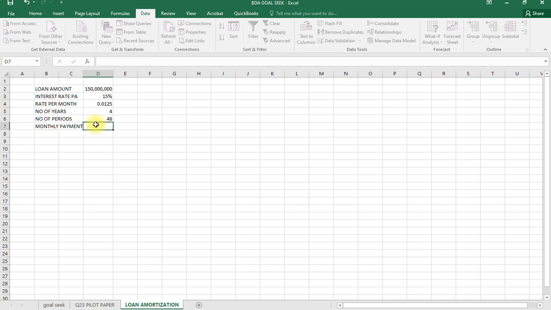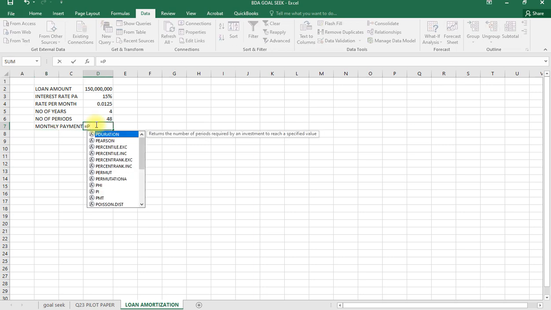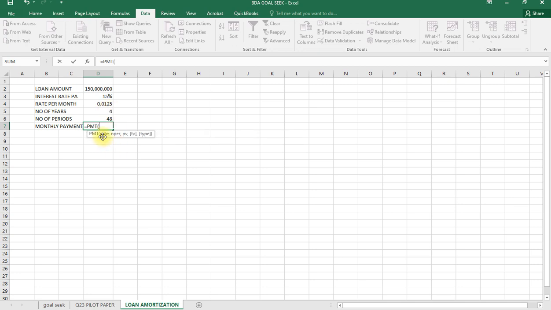For you to get the monthly payment here, we need to activate the cell, and for payment we use the formula PMT. PMT calculates the payment for a loan based on constant payments and a constant interest rate. So our constant payment is per month for a period of 48 months, and a constant interest rate per month, our rate is 0.0125. It will require me to input the rate.